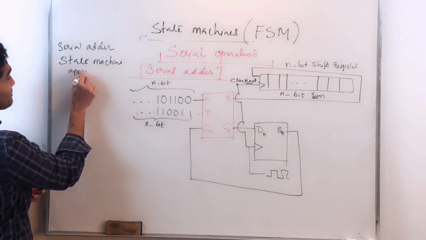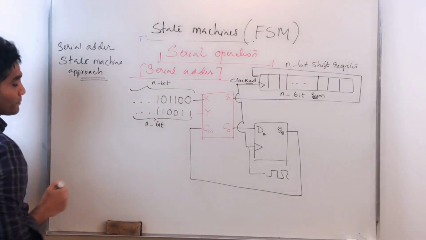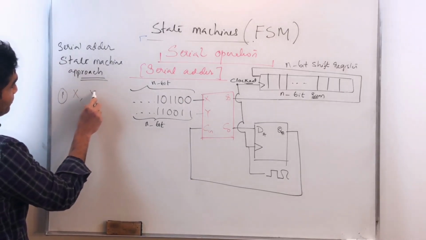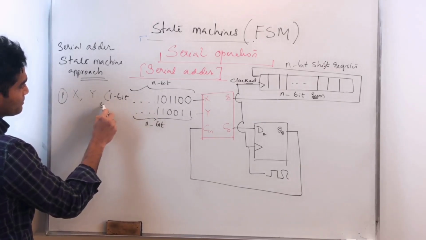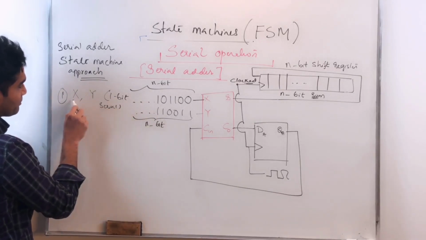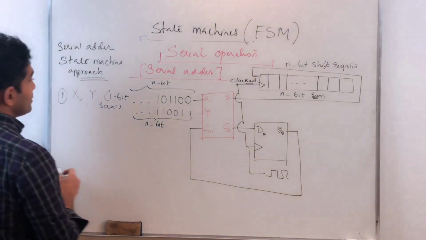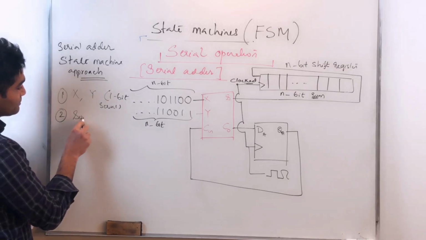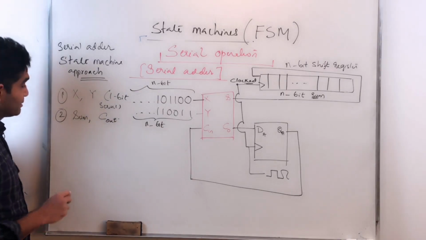Again, I will go through the steps, through the protocol, if you will. First thing is my inputs and outputs are identified. My inputs are X and Y. These are serial inputs, 1-bit serial inputs, as in, you get 1 bit from each, synchronized with the clock. Then my outputs are sum and carry out for this particular adder.